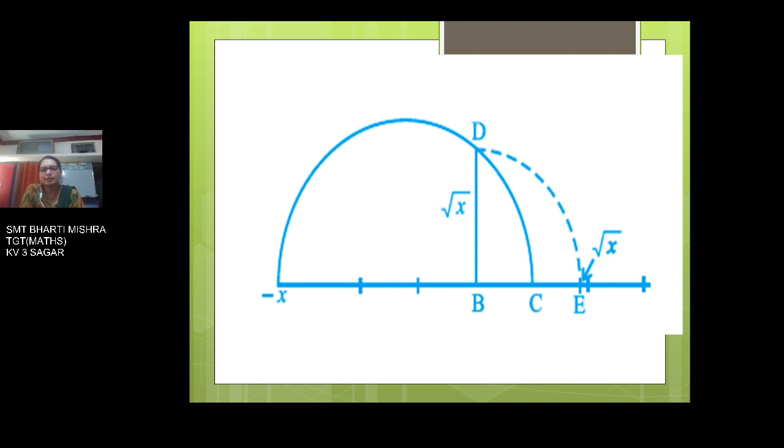From X till B, this is the distance given, whatever is X. Then take one unit, that is till C. Then again draw the semicircle, keeping O as the center, and on B draw a perpendicular. Now keep the pointer at B and the pencil at D and mark an arc. This arc joins the number line at E, and this point E represents the square root of x.